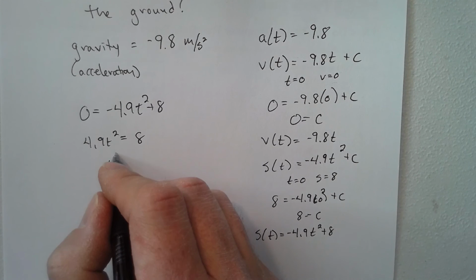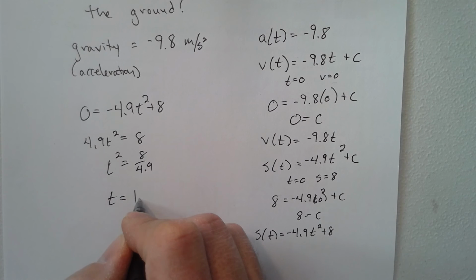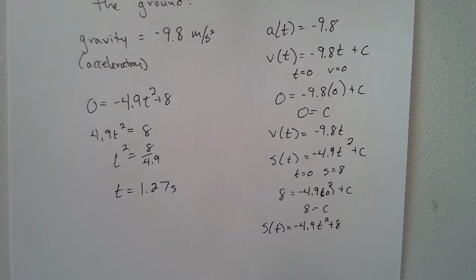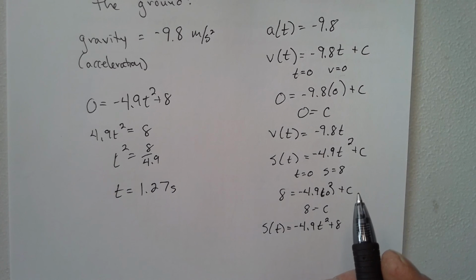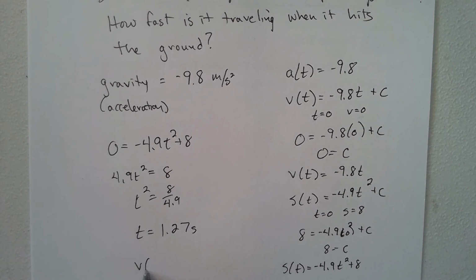So t squared equals 8 over 4.9, square root, and you're telling me it's 1.27 or something? Seconds. I'll take your word for it. And then we want to know the velocity, how fast it travels when it hits the ground. We would find v, is it 1.27? I'm just going by memory.